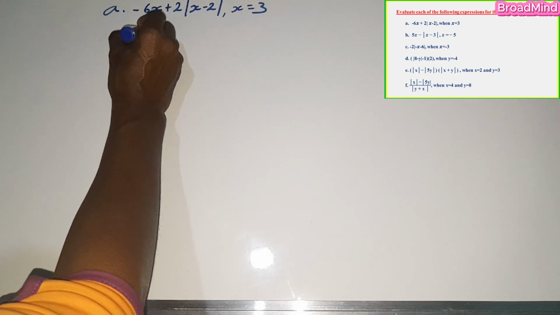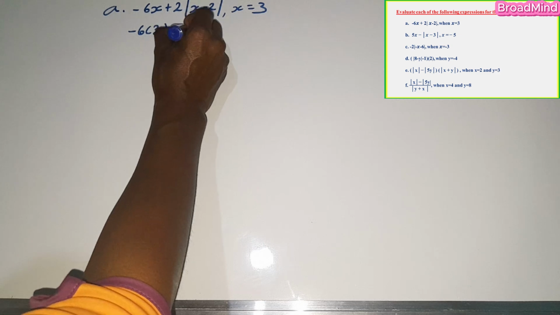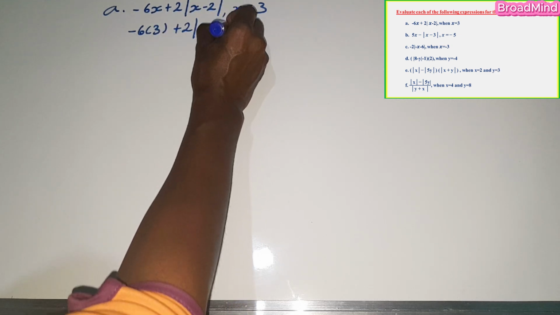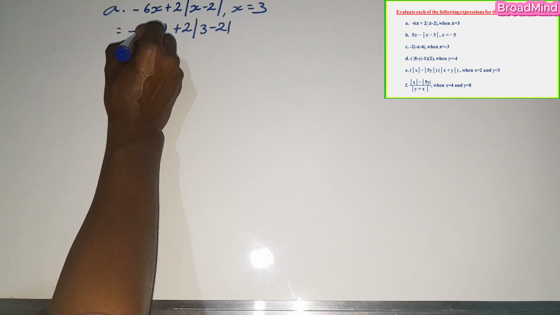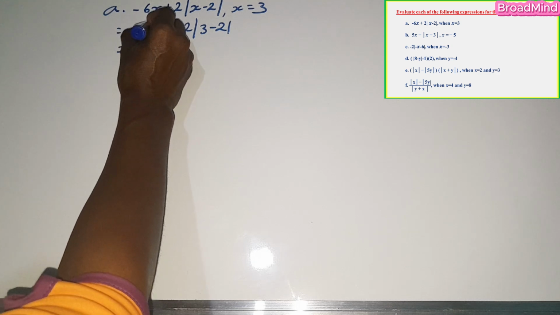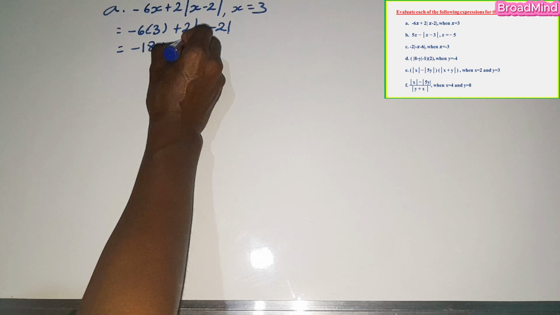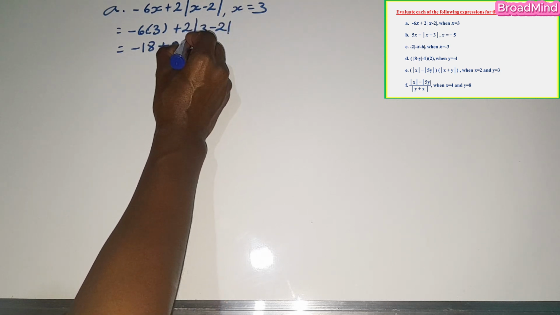Then negative 6 times 3 plus 2 absolute value of 3 minus 2.